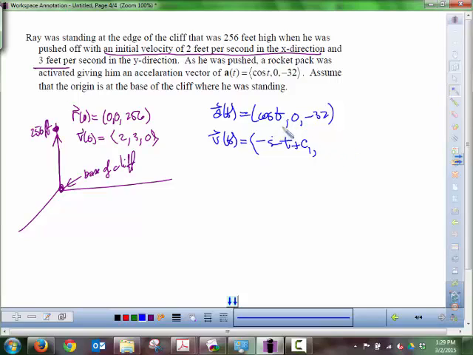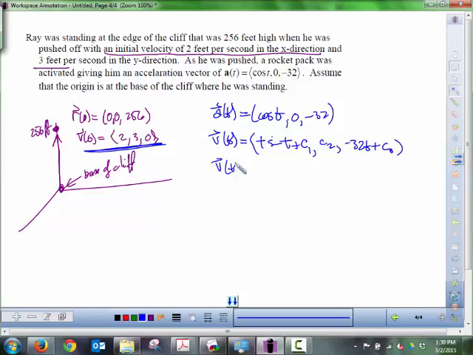Integral of cosine is positive sine. Integral of 0 is a constant because the derivative of a constant is 0. And then we get negative 32t plus c3. And then you can figure out what c1, c2, and c3 are by your initial velocity.